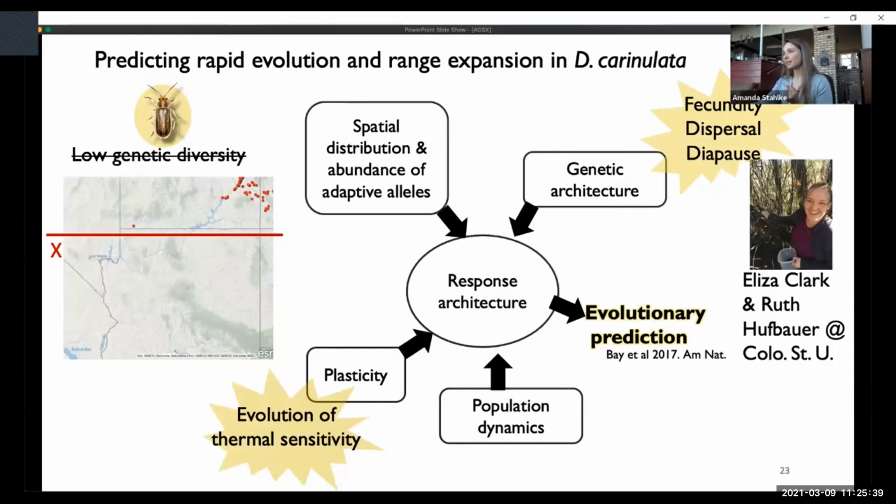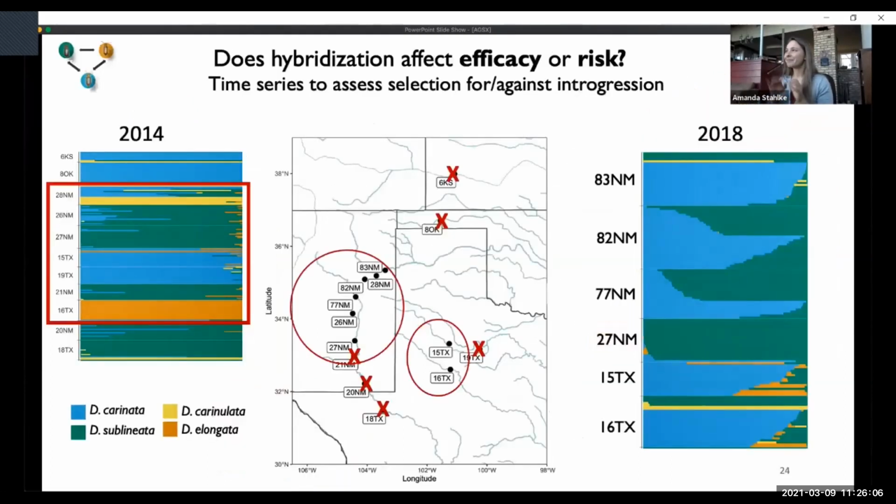We're looking at the genetic architecture of ecologically relevant traits, specifically fecundity, dispersal, and diapause, as well as the evolution of thermal sensitivity and evolved plasticity at these range expansion fronts. And this work would not be possible without the phenotyping extraordinaire evolutionary biologist Eliza Clark in Ruth Hufbauer's lab. Okay, so that's the Carinulata story. Lots of ongoing work.